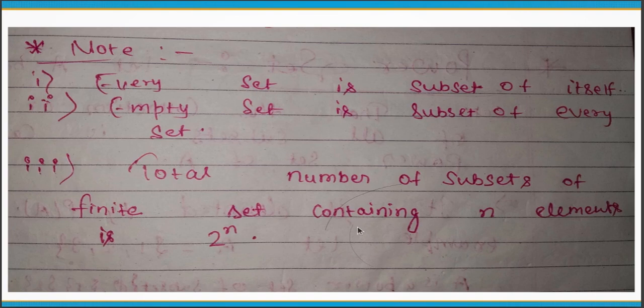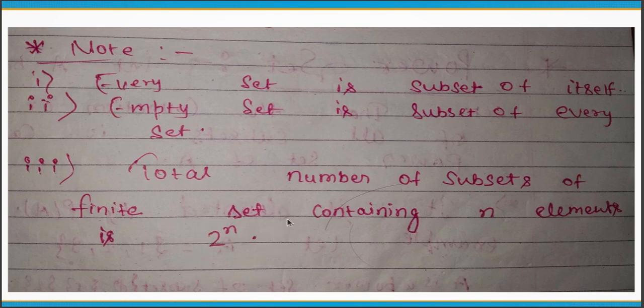Total number of subsets of a finite set containing n elements. If a finite set contains n elements, then the total number of subsets is 2 to the power n, where n is the number of elements of the finite set.